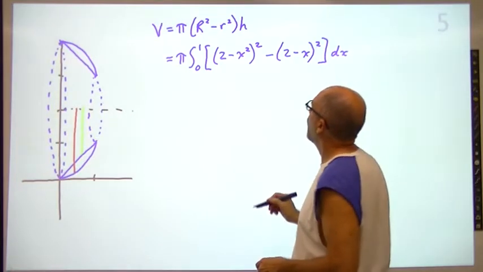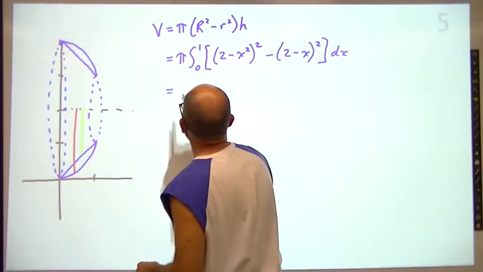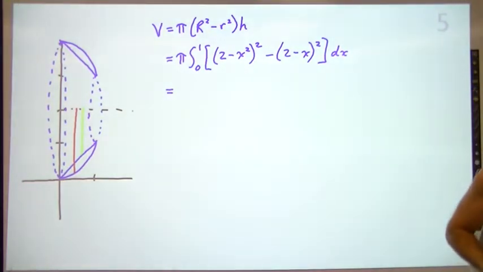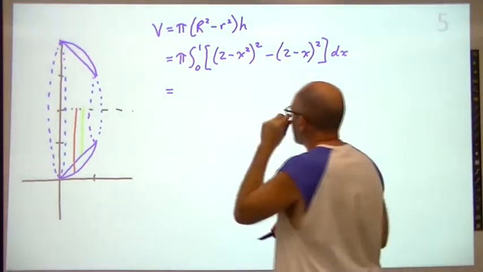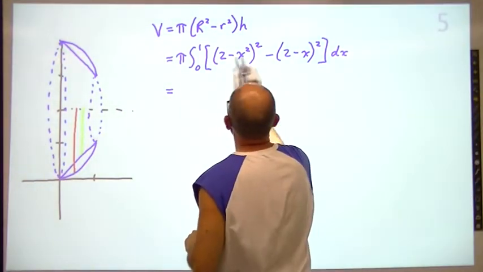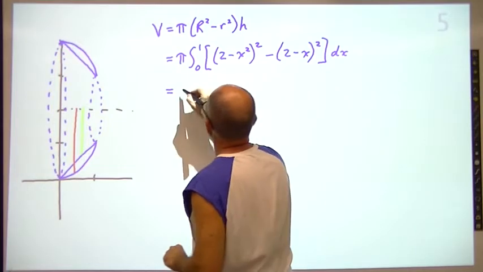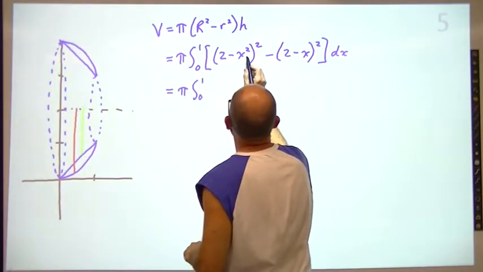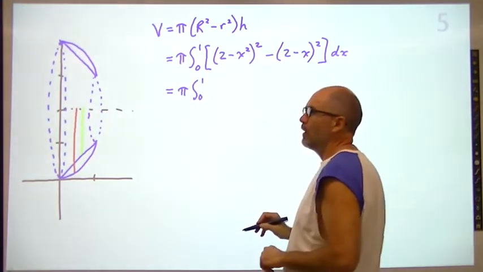So now when we do this integration, I just want to make sure we get that. Yeah, we actually have the same things in the book. So what we're going to do then is just distribute this out. So I've got pi times the integral from 0 to 1. Now, a minus b quantity squared.